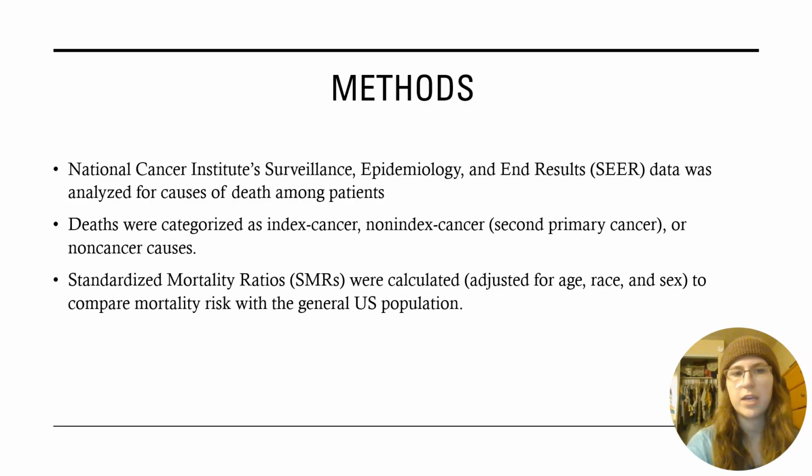Index cancer being the primary cancer that they're diagnosed with, and non-index cancer is the secondary primary cancer, so whatever it metastasizes to next. And then the standardized mortality ratios, or SMRs, were calculated and also adjusted for age, race, and sex, just to compare the mortality risk with the general US population.